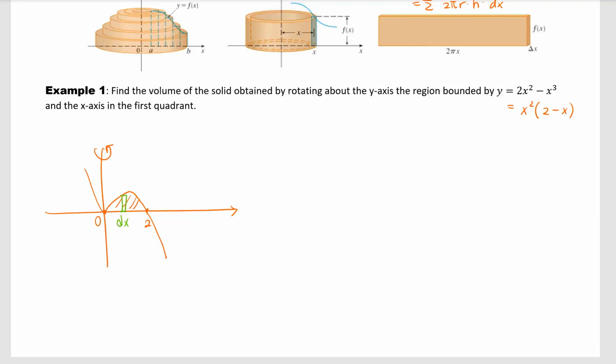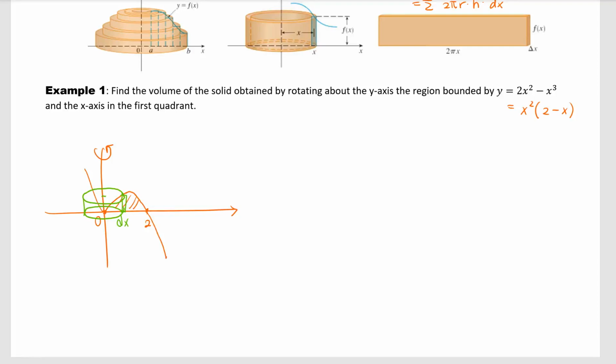So first step, we sketch the picture and figure out the rotation axis. Second step, we decide whether to cut it vertically or horizontally. In this case, we cut it vertically and we get dx, so we expect an integral with respect to x. Third step, we draw what happens to the endpoints if we rotate about the axis.